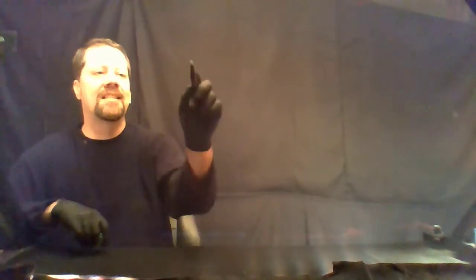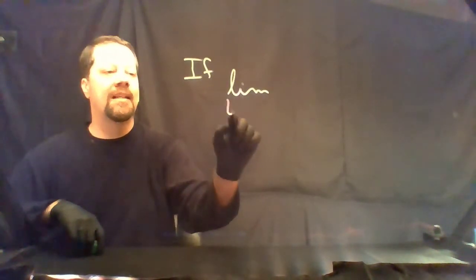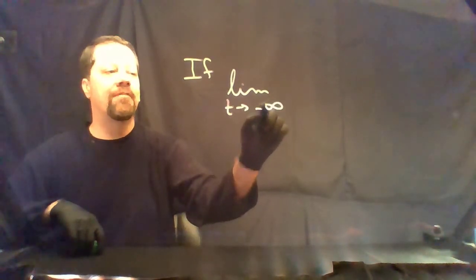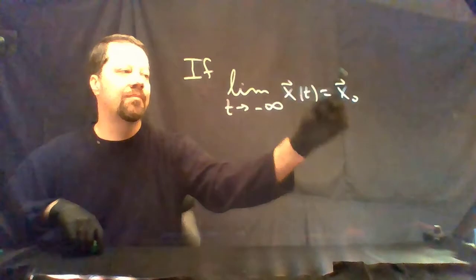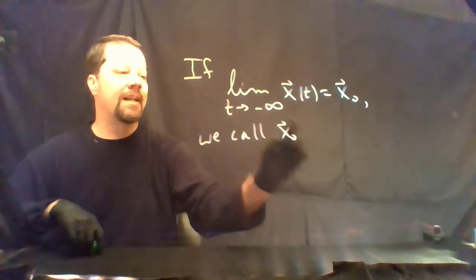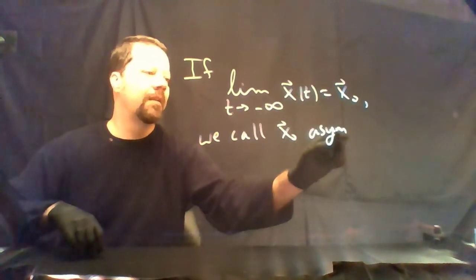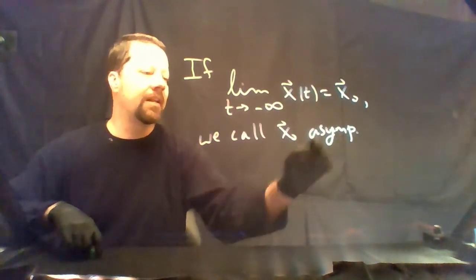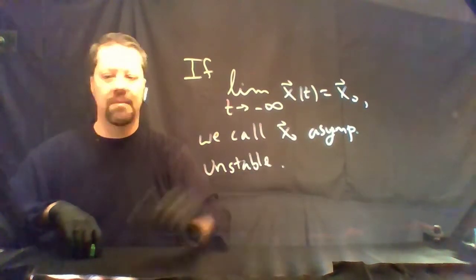Adding to this last definition, if in the limit as t goes to minus infinity, x of t, you get x naught, we call the equilibrium point at x naught asymptotically unstable.